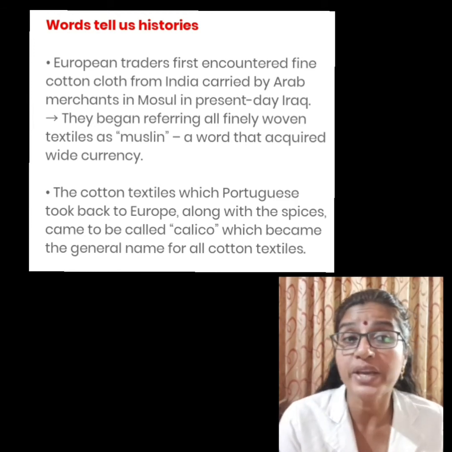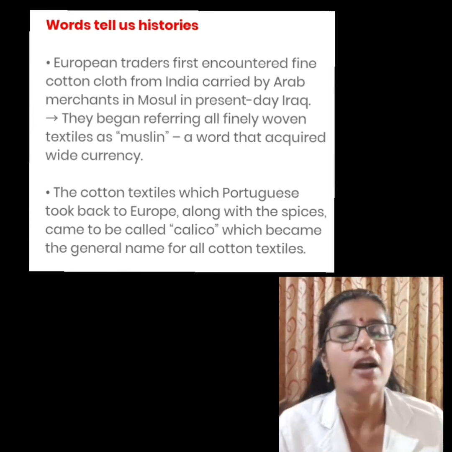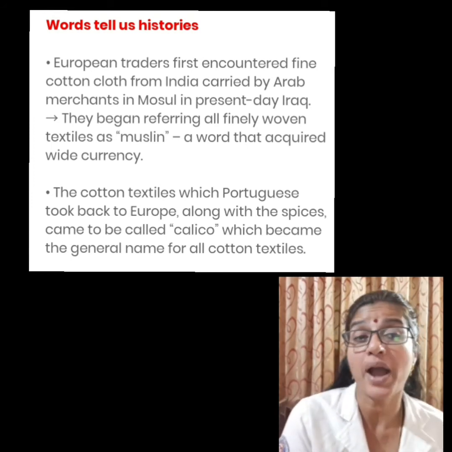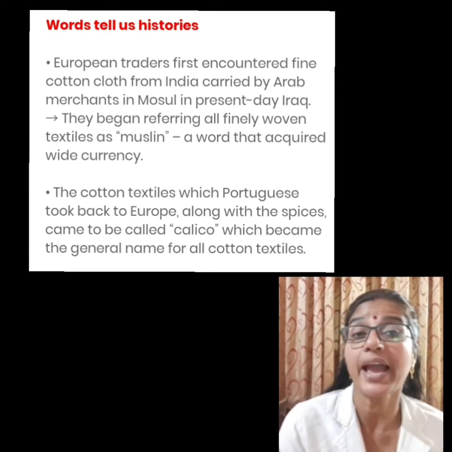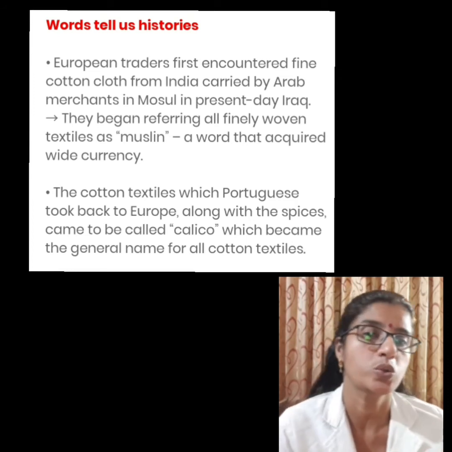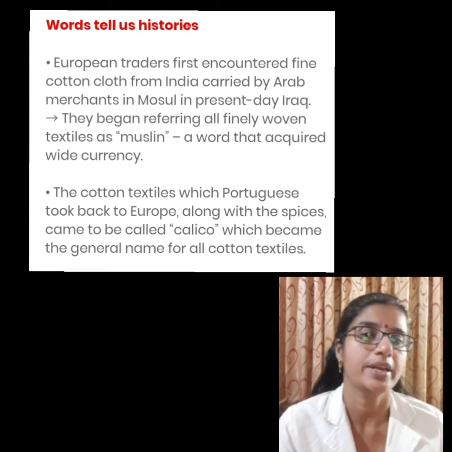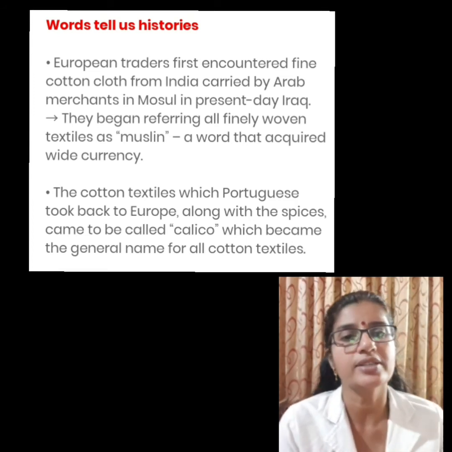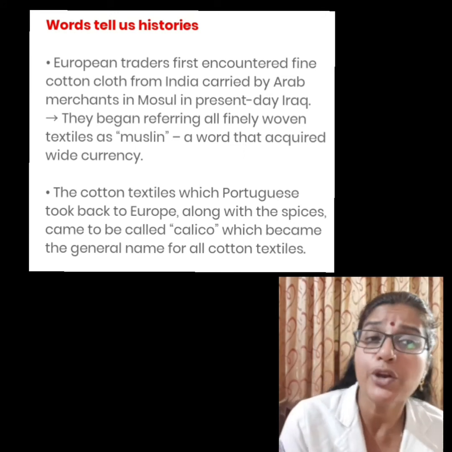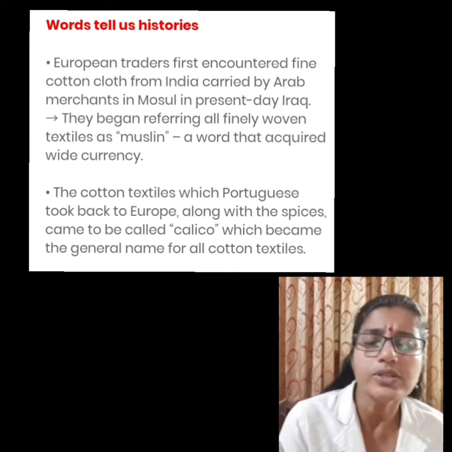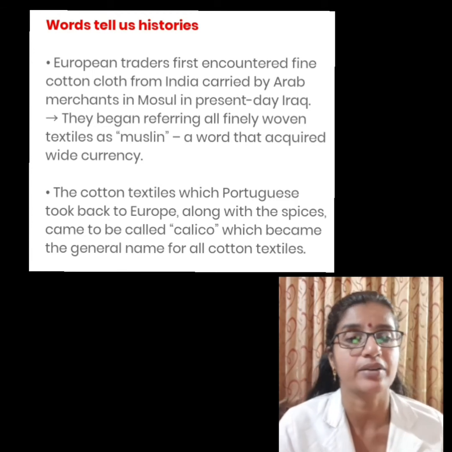When the Portuguese first came to India in search of spices, they landed in Calicut on the Kerala coast in southwest India. The cotton textiles which they took back came to be known as Calico, which is derived from Calicut.